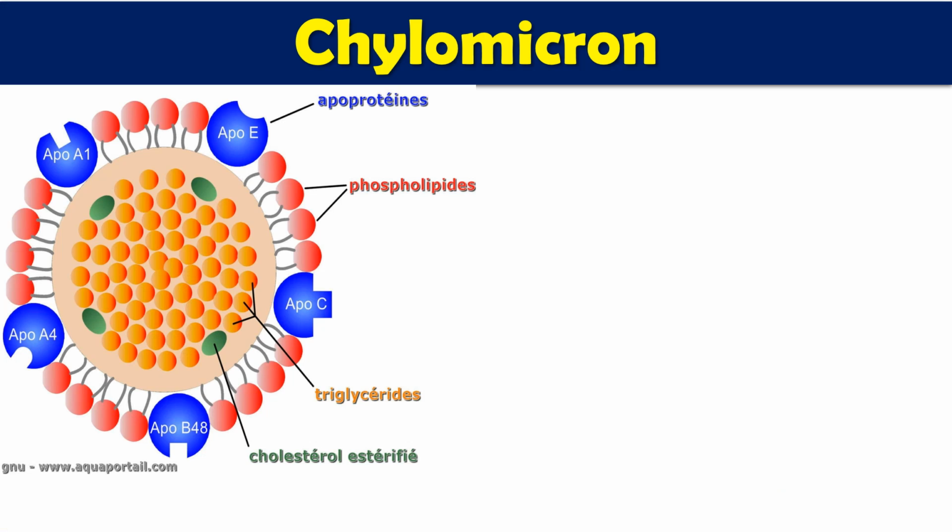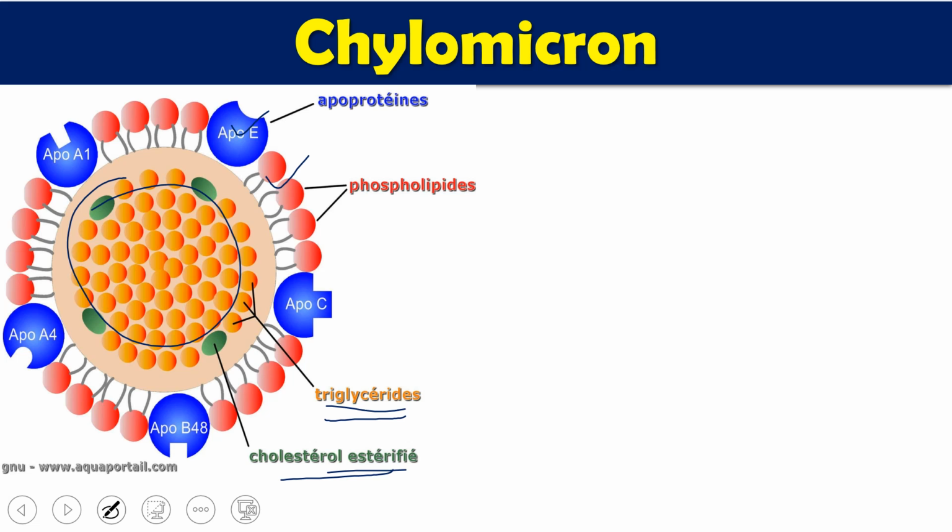If you see the structure of this chylomicron, at the periphery we are seeing phospholipids, and also apoproteins, as seen yesterday. In the central core, it is composed of triglyceride and cholesterol ester.